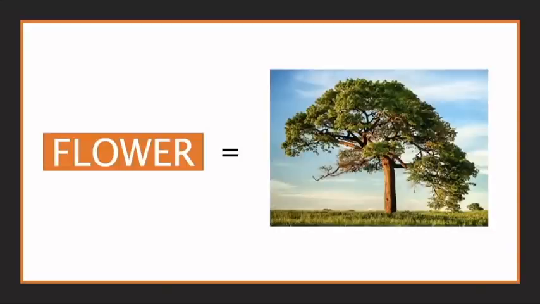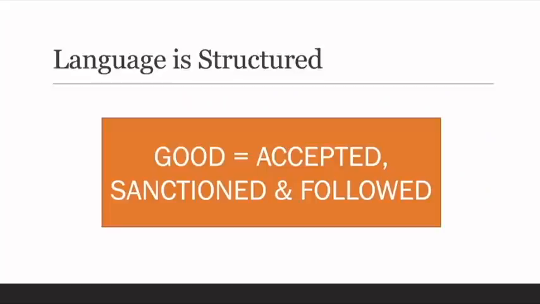In the similar way, when something is pointed as good, it is because we have been taught to see good in a particular way, as in something which is accepted, sanctioned, and followed. For a long time in India, only intra-caste arranged marriages were considered good and inter-caste were considered bad.